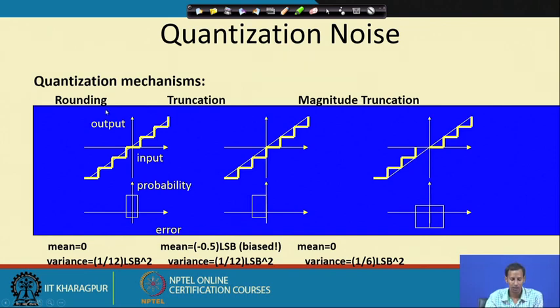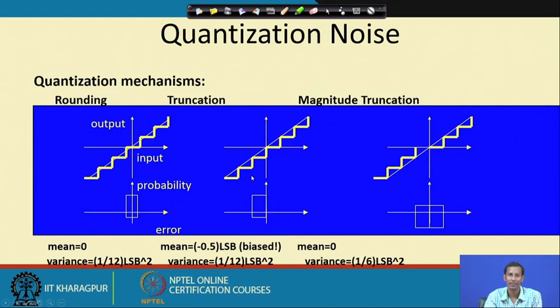Now we will consider what rounding is, what truncation is, and what magnitude truncation is. Suppose with rounding, the original value may move either lower or upper, but in truncation, whatever the original value is, it will always be just below.